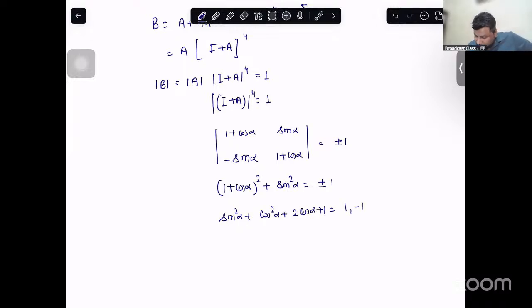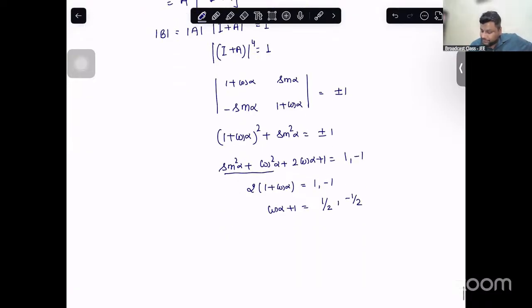That means this is also 1. So 2 times 1 plus cos alpha is going to be 1 or minus 1. Am I correct? So cos alpha plus 1 is going to be 1 by 2 or minus 1 by 2. Means cos alpha is going to be minus 1 by 2 or minus of 3 by 2.